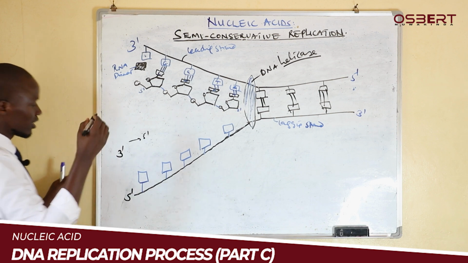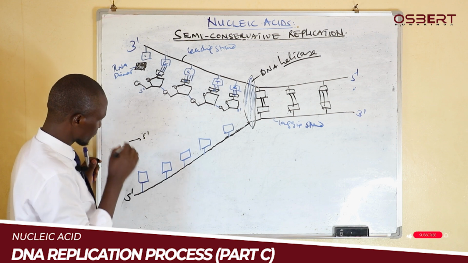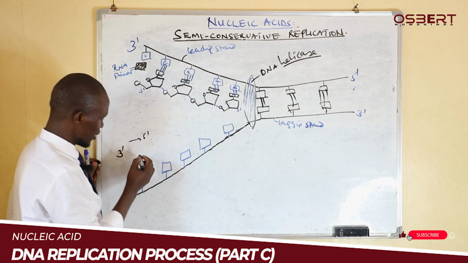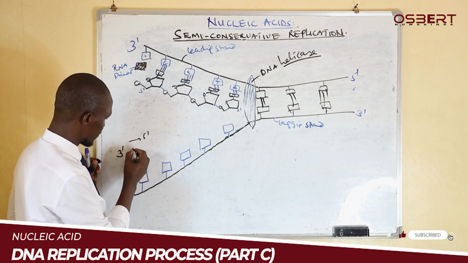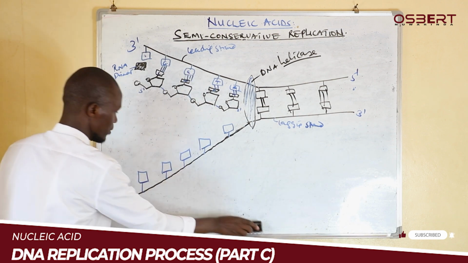Which means, if we are to add a nucleotide here, this nucleotide will need a 3' at the extreme end. So the nucleotide here would be like this.